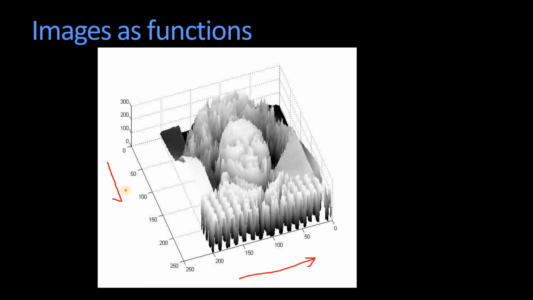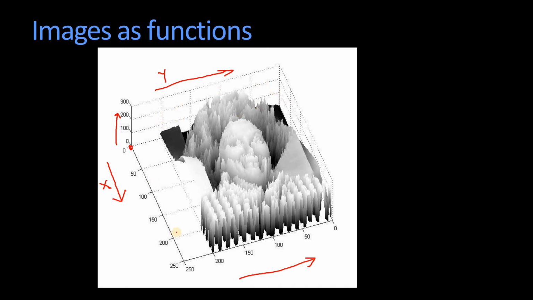I think it starts over here, 0 0 is this point, and this is another one. So maybe you can say that one is the x-axis and the other is the y-axis, and then there is a third axis that represents the height or the value. It has different values at different places depending on the image.